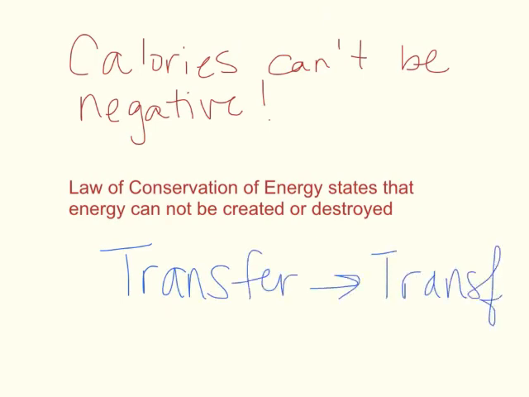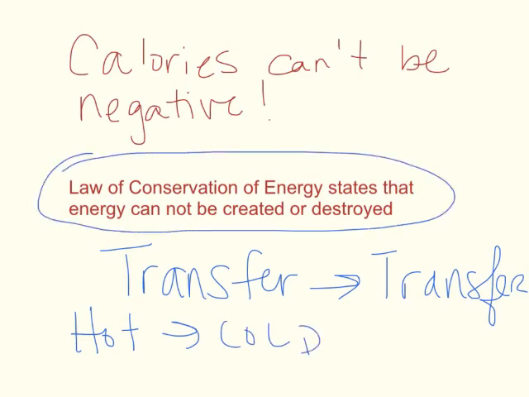And as we've learned, it typically goes from hot to cold or high to low energy. And so because of this, your answer for calories can never be a negative number. So unfortunately, we just kind of have to throw out some of our math knowledge with that, and we have to follow the law of conservation of energy when we go forward with this.